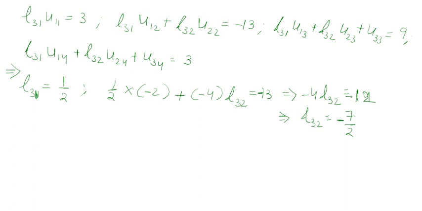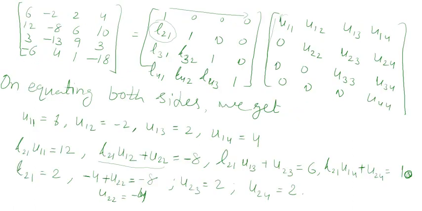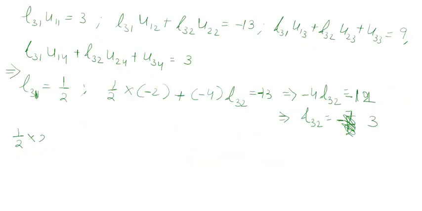So this will imply L32 is equal to 3. Okay. Now the third equation, so L31 is 1 by 2 into U13. What is U13? It is 2. You have to be careful. Plus L32.